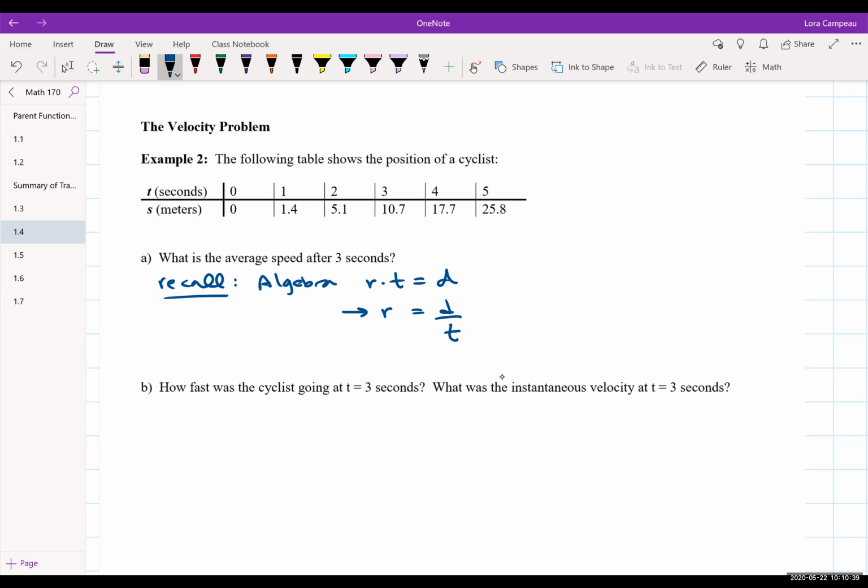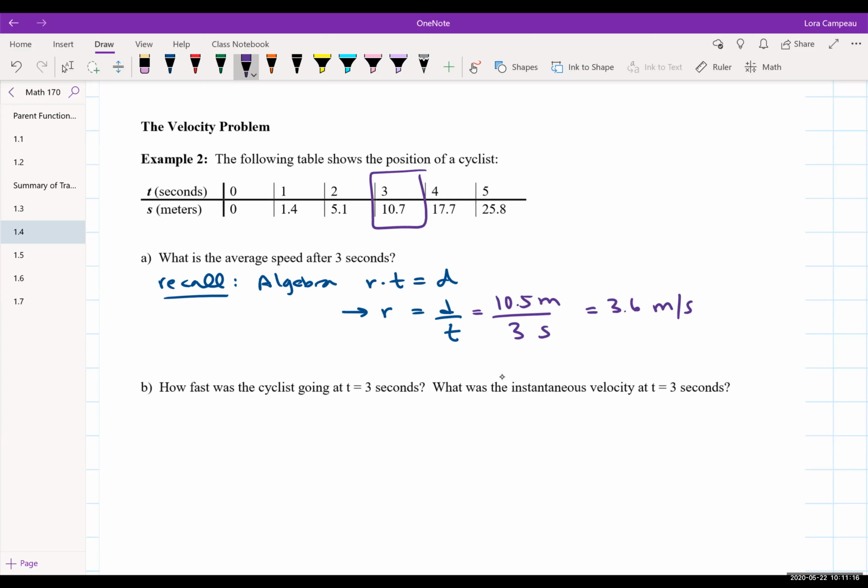Looking at t equals 3, s equals 10.5. So I can plug that in. Distance is 10.5 meters and time is 3 seconds. Then if we use our calculator, we should have 3.5 meters per second. So that's the average speed after 3 seconds.